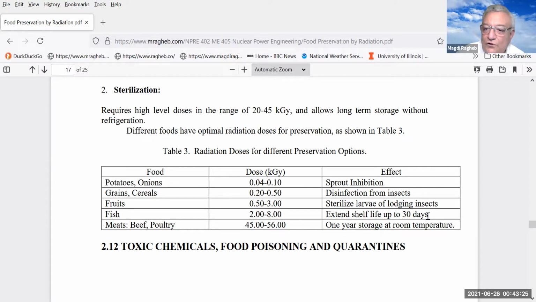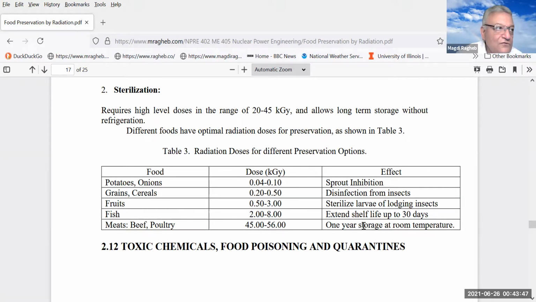Spoiling means, of course, you lose the food supply, but worse, if bacteria are allowed to grow in the fish, then it can cause disease. So that's saving lives and saving the food supply for the well-being of those who eat it. Meats, beef and poultry need a much higher dose, 45 to 56 kilogray.